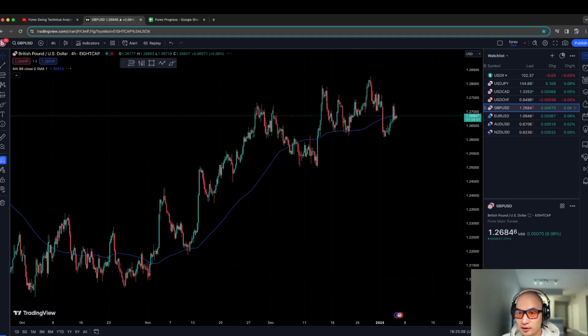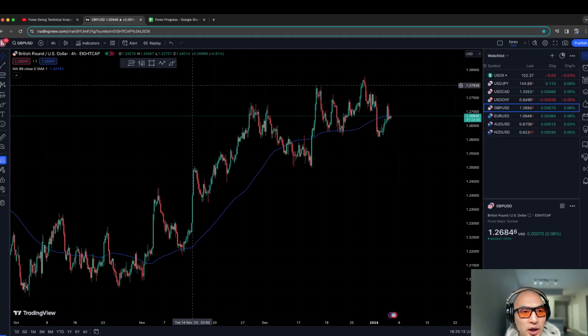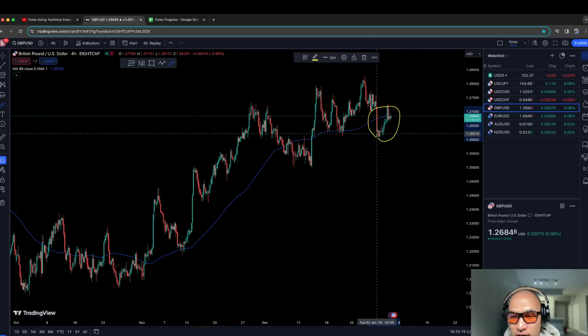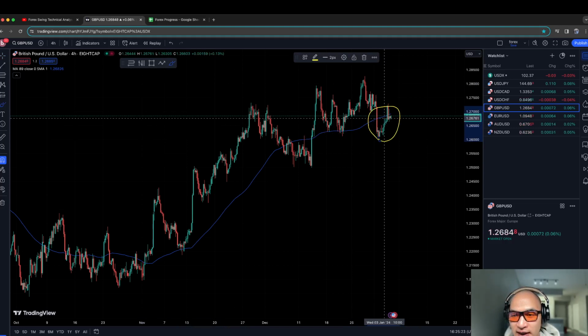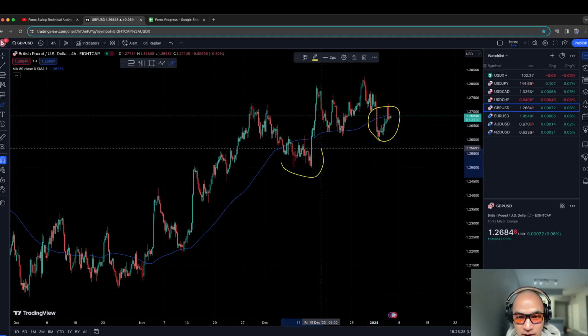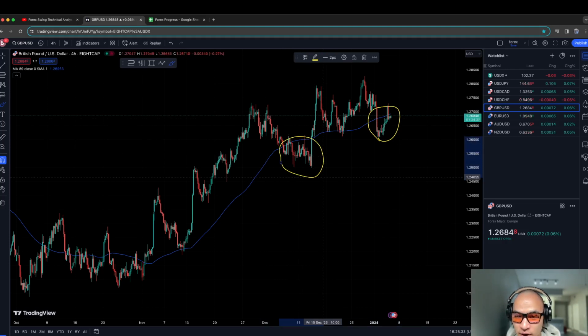Okay, now let's take a look at the pound USD. That's interesting, guys. You see, we have 10 candles closing below the moving average. So it looks like a downtrend has started, right? But take a look at this, guys. Here, the market closed more than 10 candles below, then it didn't continue down.